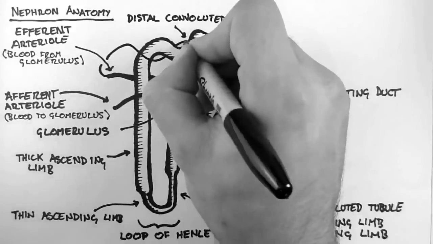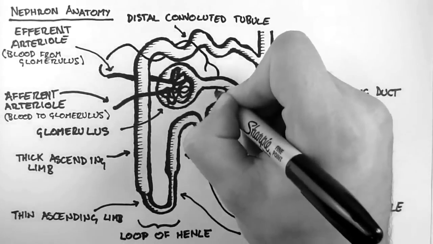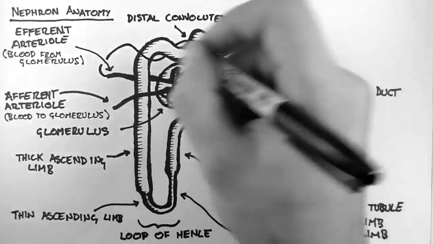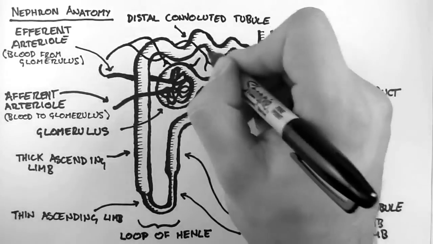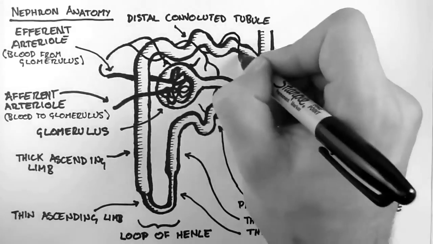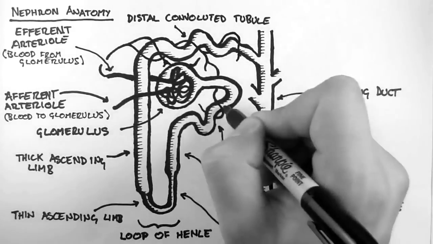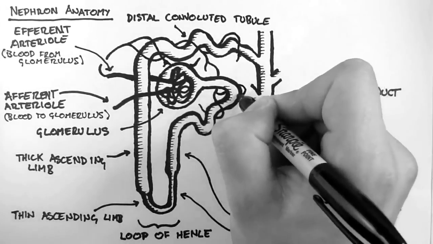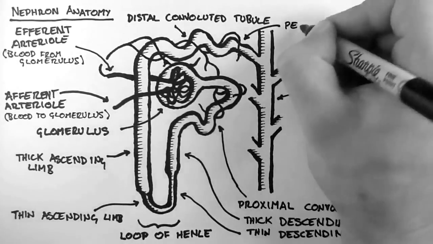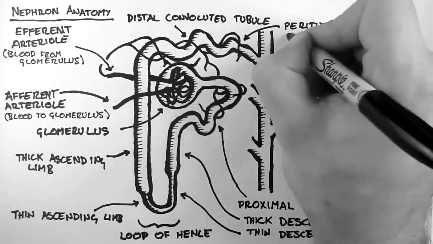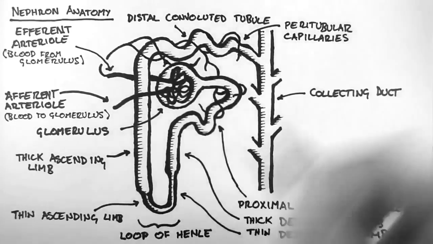Now the last thing to talk about is the vasculature of the nephron, and this is really important. The efferent arteriole of the kidney carries blood away from the glomerulus, and then it supplies two capillary beds. The first is the peritubular capillaries, which supply blood to the proximal and distal tubules.